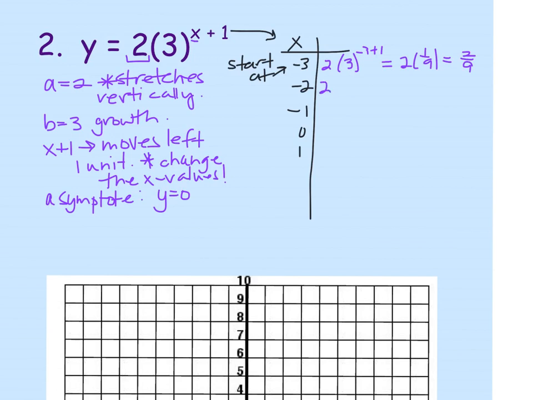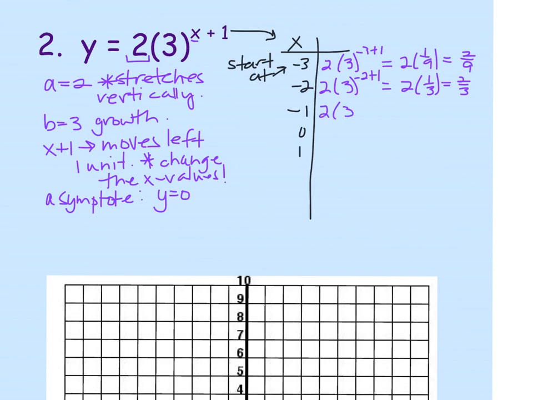All right, -2. If we type in -2 plus 1, that's 3 to the -1 power, which would be the same as 1/3. And 2 times 1/3 is 2/3. Bigger than 2/9, but still pretty small for an output.